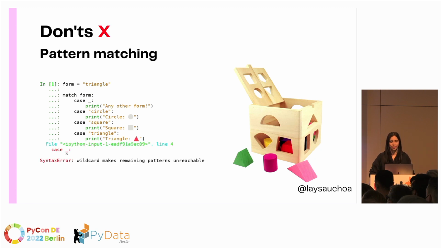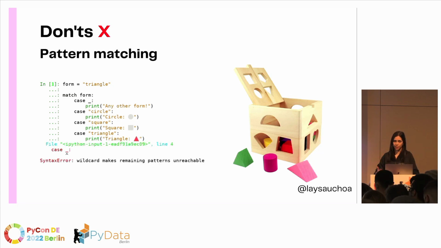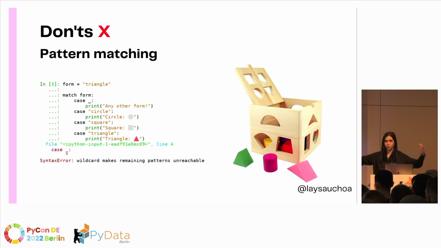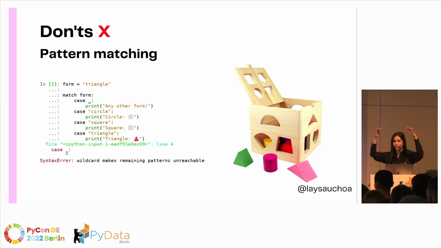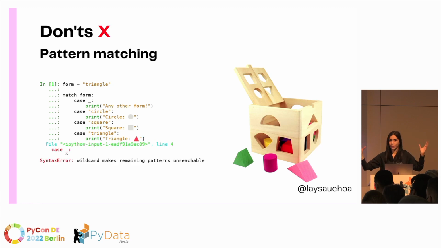Here, I want to highlight some things not to do, and I want to explain why you should not do them, not because it's obvious, but because it's also a way of thinking about pattern matching. When you think about pattern matching, you should think in terms of some sort of parameter. Your specific cases should come at the beginning, and then you can open up for cases that encompass the earlier ones.